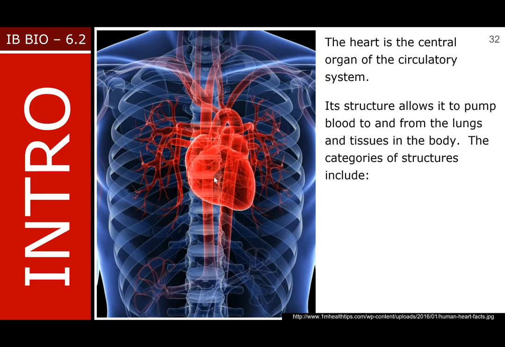And remember, we have that figure eight circulation pattern where you go from the heart to the lungs to the heart to the body to the heart to the lungs to the heart to the body, right? So you got a figure eight thing going on. We talked about blood vessels last time: arteries, veins, and capillaries. We're going to talk about the chambers of the heart today, and we're going to talk about the valves of the heart today.